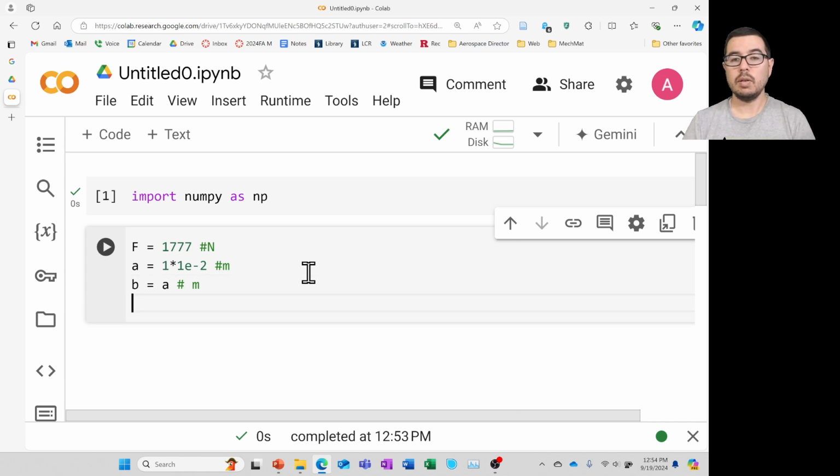And we say we want the sigma x, which is going to be equal to the force divided by A times B, just like that. And this would give us units of pascals.